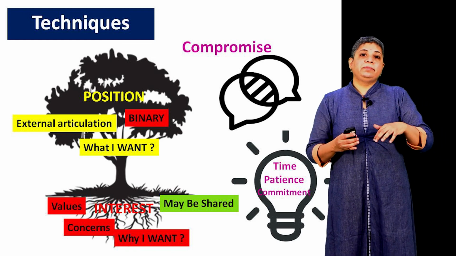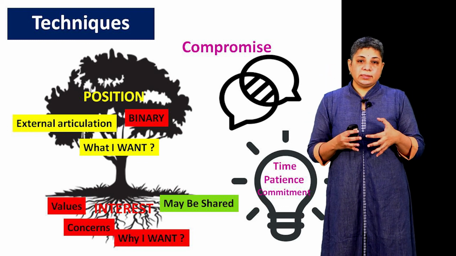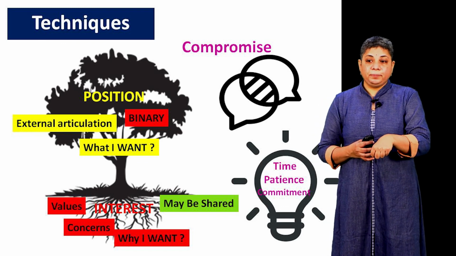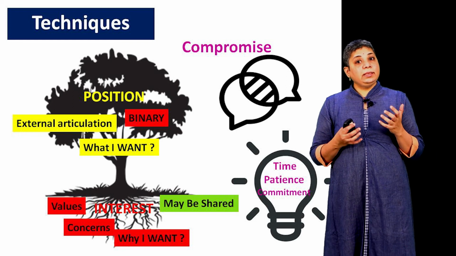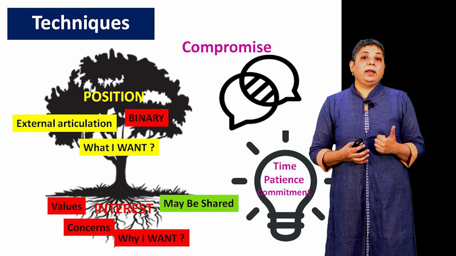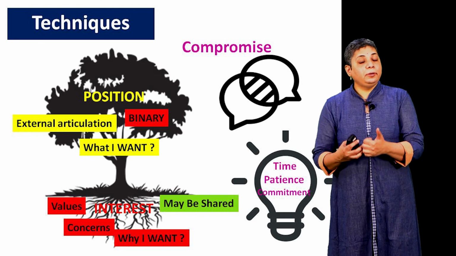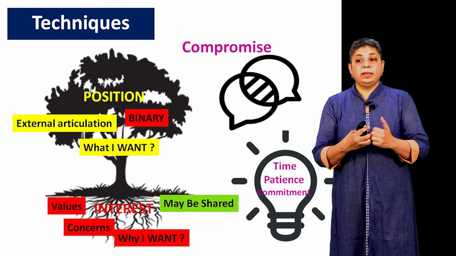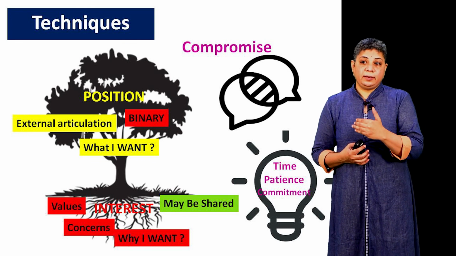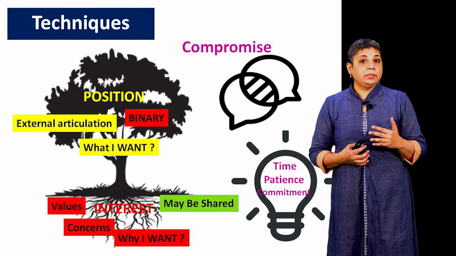So this is what is visible outside, it's like the tree. What is the interest? Interest is what leads to this position. It's like the roots of that tree. So these are the actual values that person has, concerns, and these are why they want that particular thing to be done, or not done, the way they want it to be done. Now there is a possibility that the interest and the position may be shared, but sometimes they may not be.